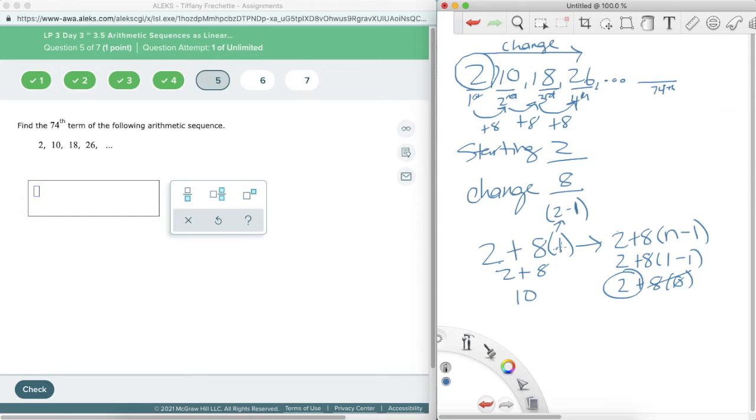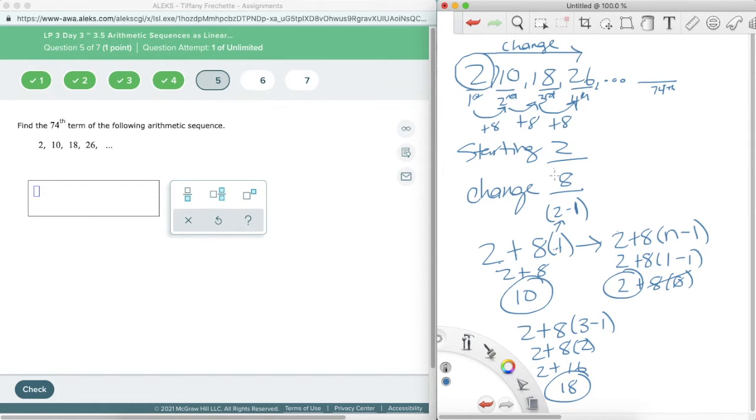So that's why it gave me the second term. So this one does work. And we can even test it again: 2 plus 8 times 3 minus 1. Well, 3 minus 1 is 2, times 8. 2 times 8 is 16. 16 plus 2 is 18. Look at that. It got me my third term. So it does, in fact, work. We are pretty happy with this guy.